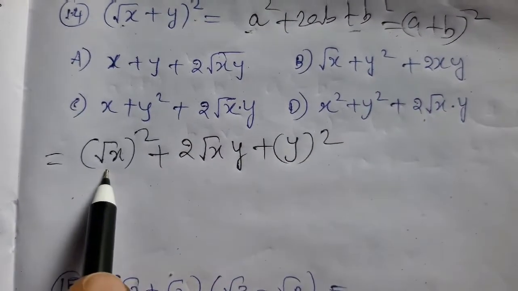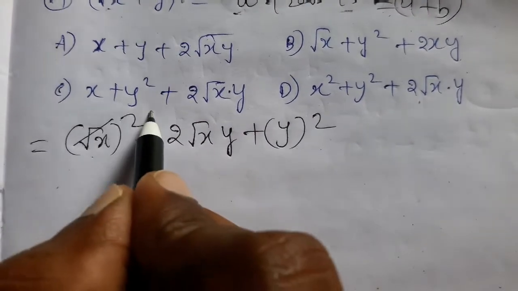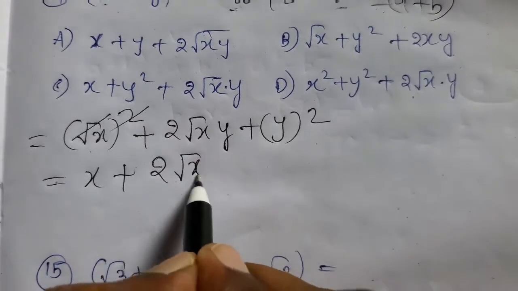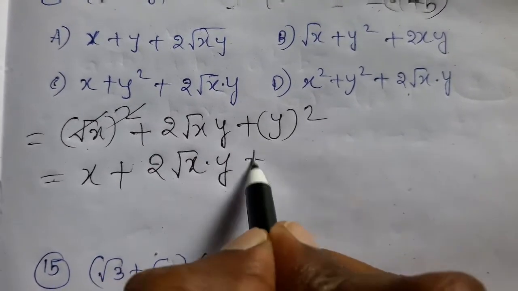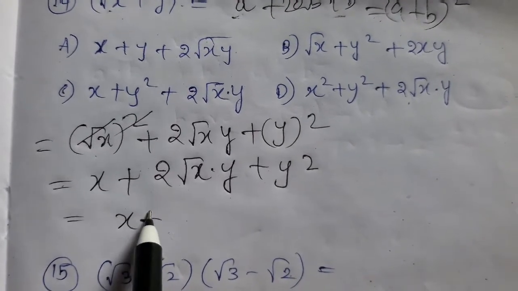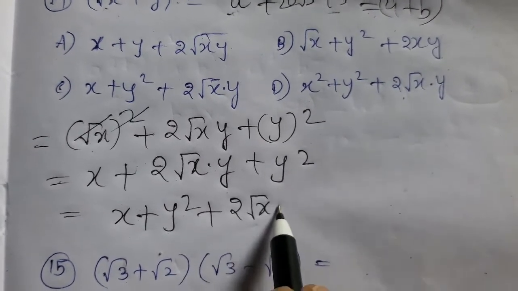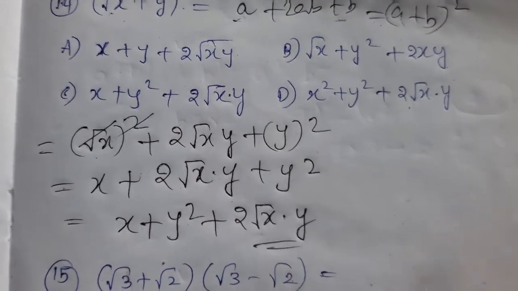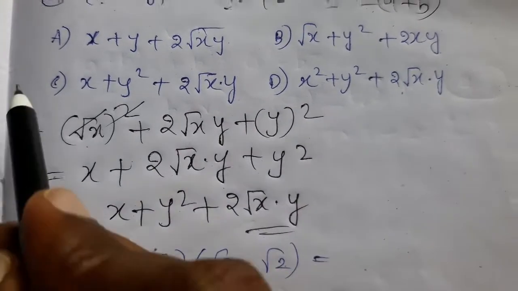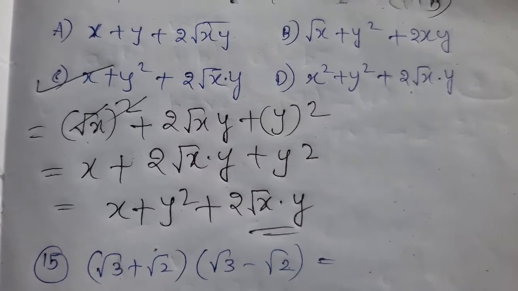Here a is root x and b is y. So the root and square cancel: x plus 2 root x into y plus y square. Now this can be written as x plus y whole square plus 2 under root x y. This is the answer of the given question. That means which option is right? Yes, option number C is the right answer of the given question.